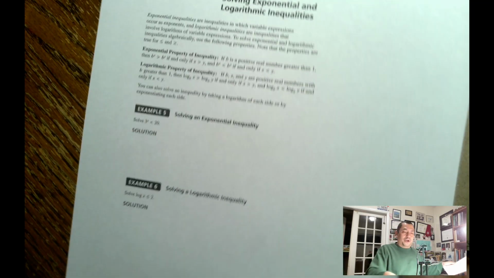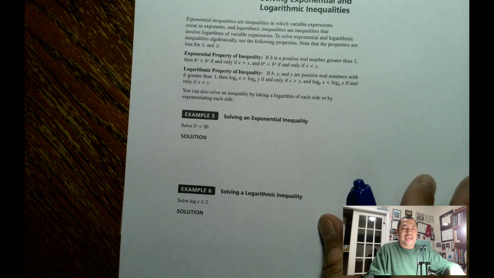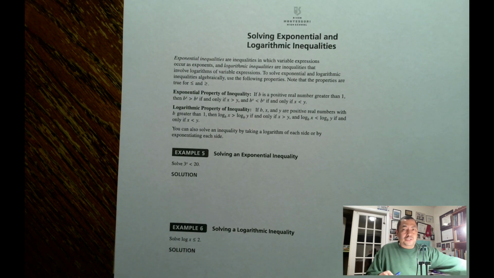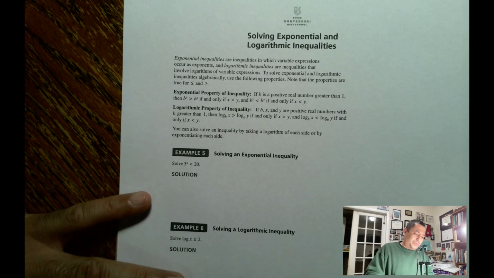So the last part of the notes, we are going to have solving exponential equations and solving exponential and logarithmic inequalities. And we need to be careful with this one because remember that we have a range to work with.